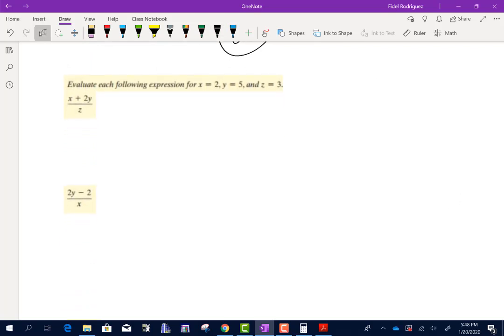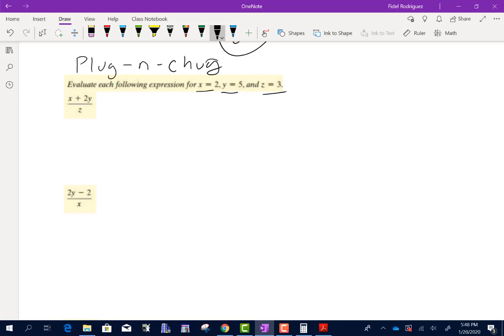Okay. So for the next couple of problems anyway, again, we're going to evaluate, so we're going to do our plug and chug, right? And everywhere we have an x, we're going to plug in a 2. Everywhere we have a y, we're going to plug in a 5. And everywhere we have a z, we're going to plug in a 3.